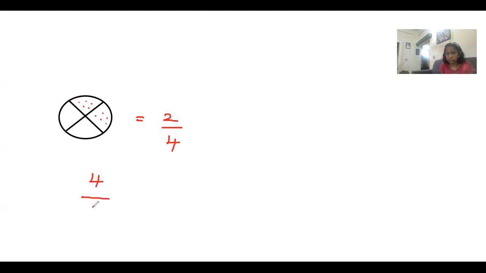Can you draw a shape for this? You can choose any shape.